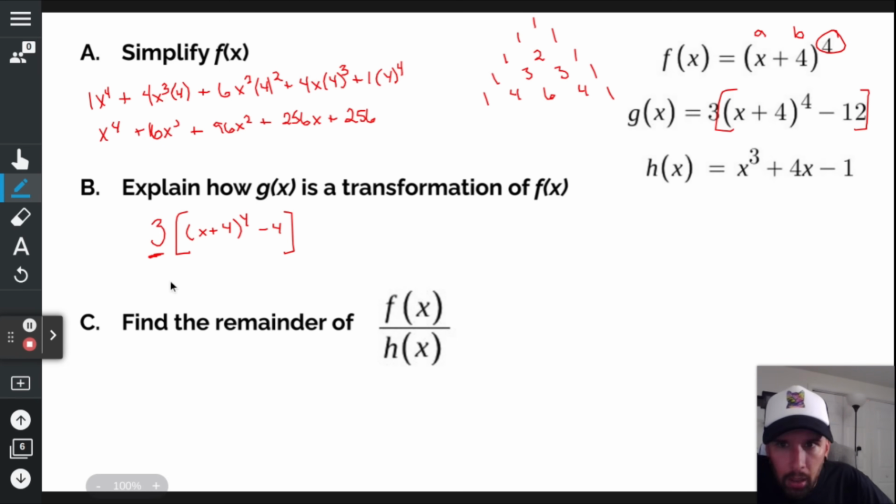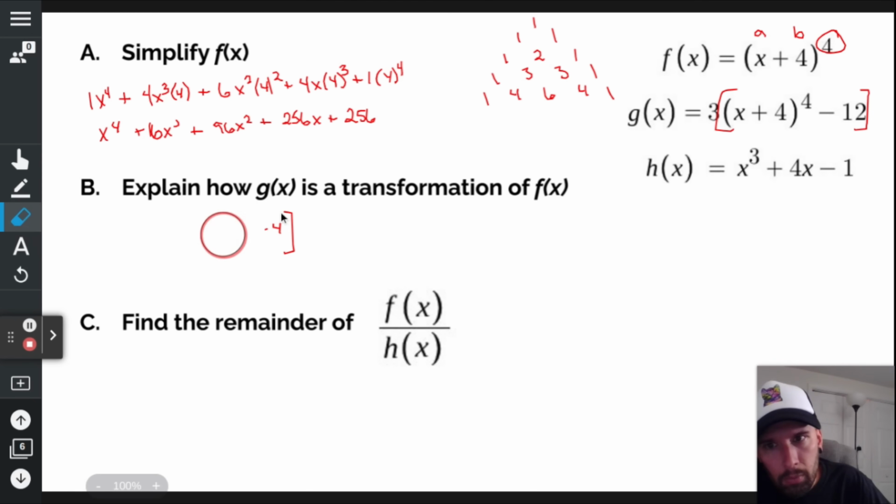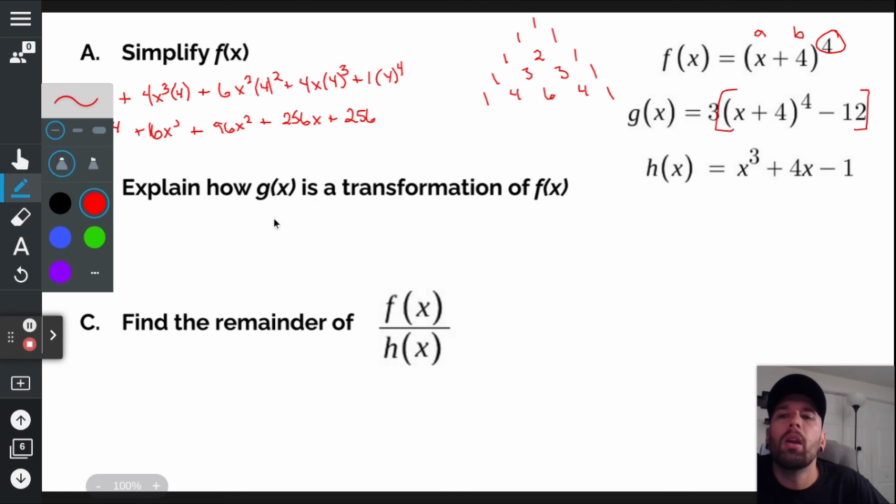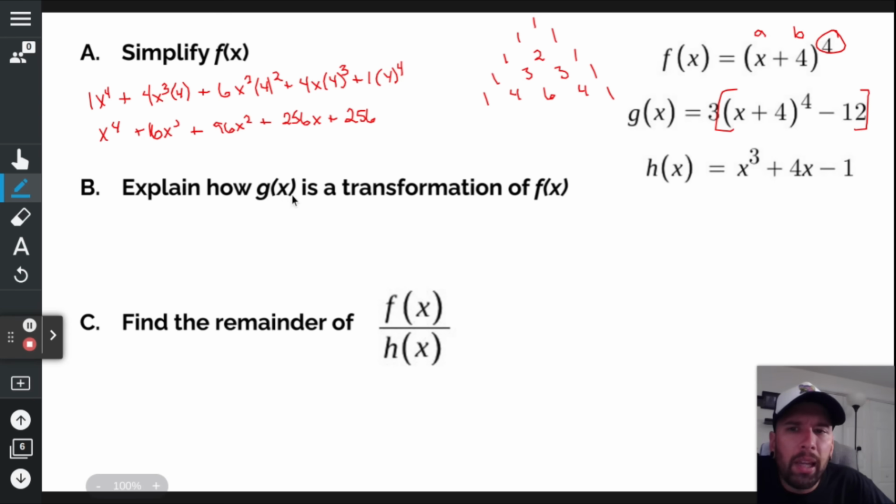So let me write that out. Explain how g of x is a transformation of f of x. Well, f of x is x plus 4 to the fourth.